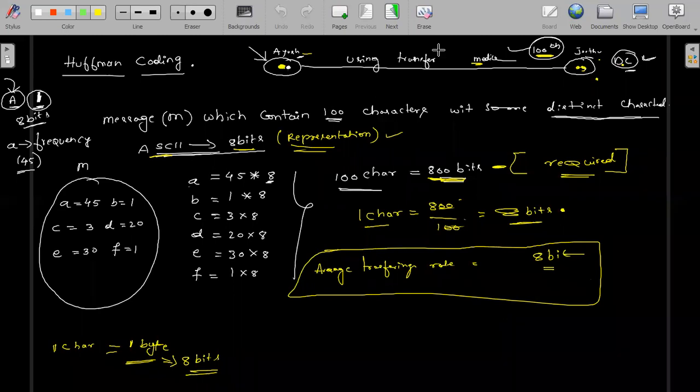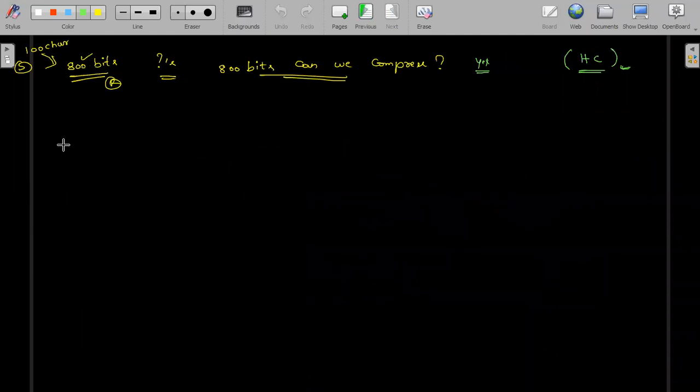There is a combination. Please observe here. I can see 800 bits is there, still I can compress here. How? A, how many times is it repeating? 45 times. Yes or not? I am going to give 3 bits for this.